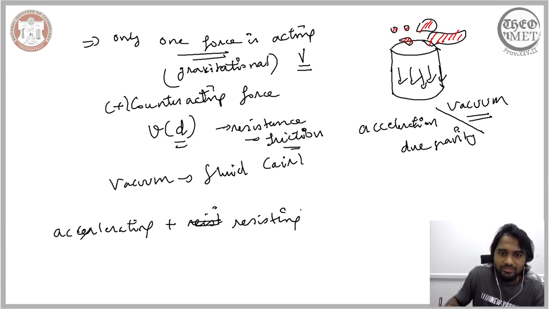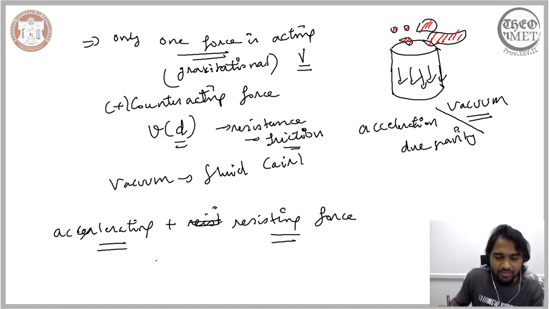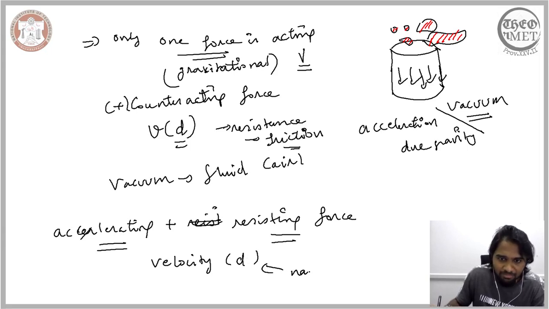Because of the combination of these two forces, you have a specific velocity that is achieved by the particles, that depends on its size, and essentially it depends on its mass.